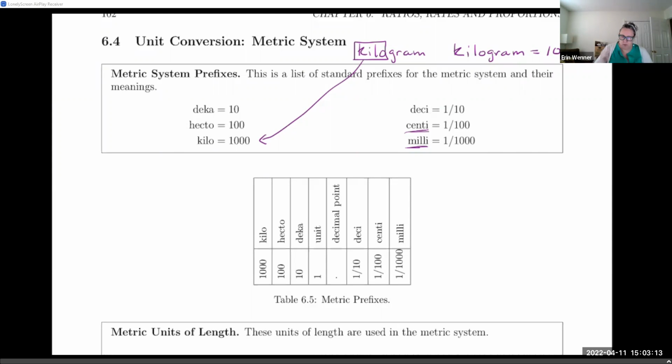So if we think about how these compare in terms of place values, if we have our decimal point in our unit here, deca, hecto, and kilo are all larger values, where deci, milli, and centi are all smaller values.